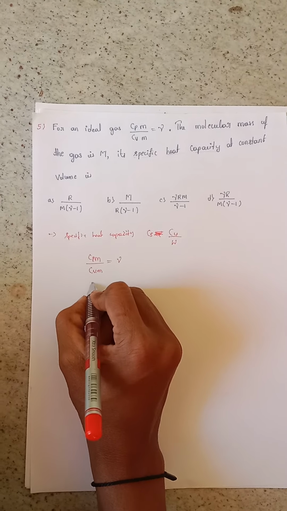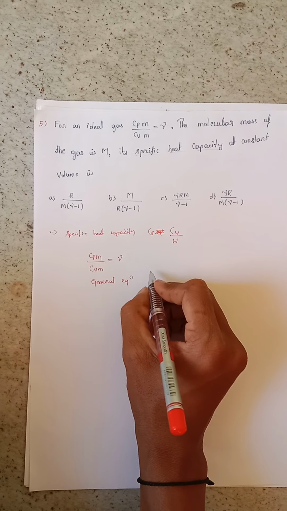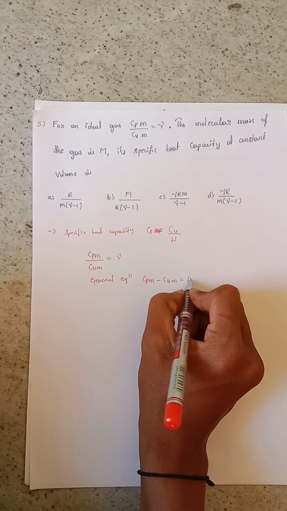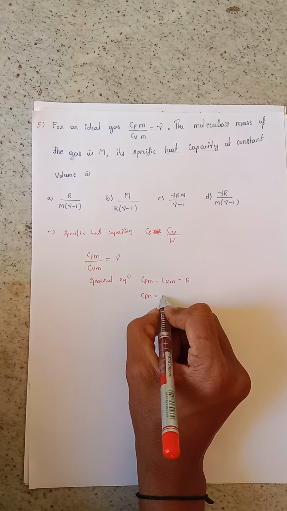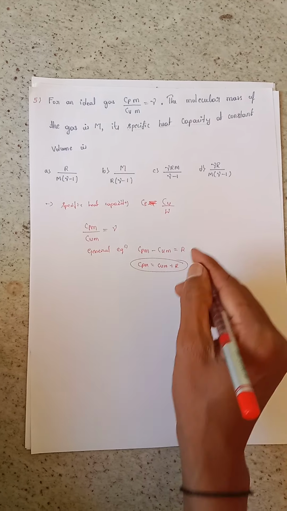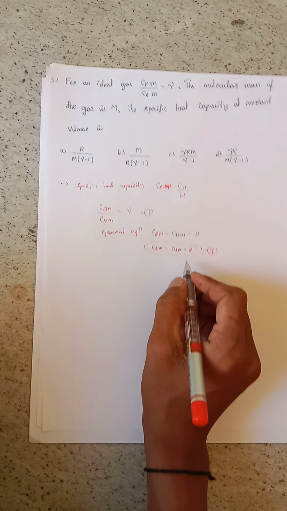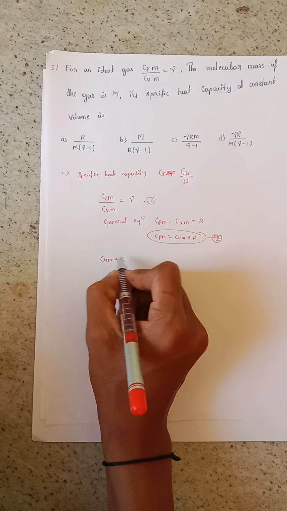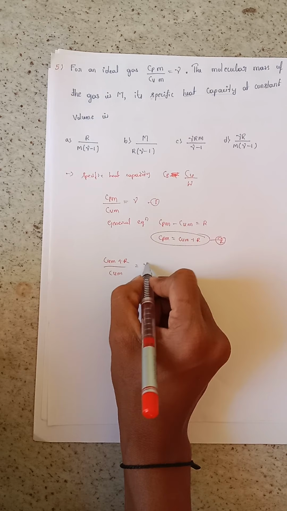We know the general equation: Cpm minus Cvm is equal to R, where Cpm is equal to Cvm plus R. Now we substitute this in equation 1. Hence Cvm plus R divided by Cvm is equal to gamma.